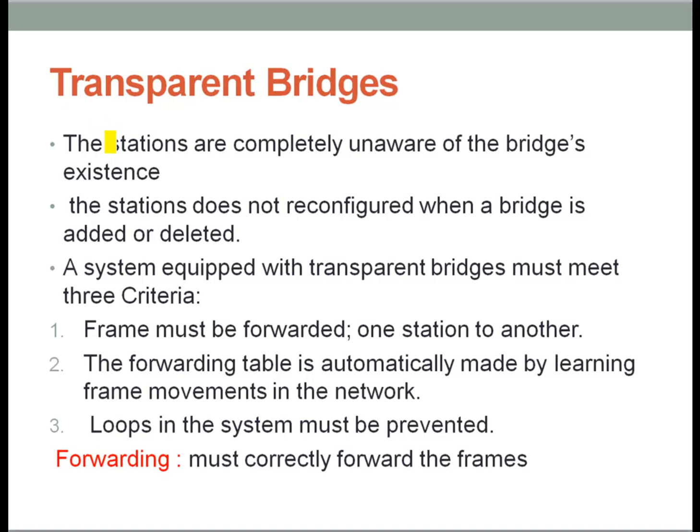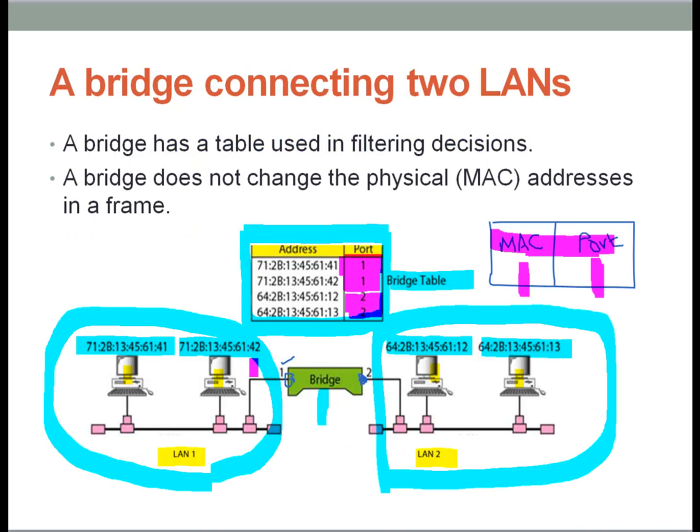That means the stations, the computers. We already saw there are 4 computers in the previous topology diagram. So your stations are completely unaware of the bridge's existence. In the previous example, this machine is not going to know there is a bridge available. So this is called transparent.